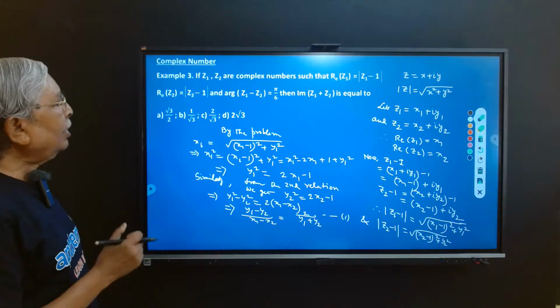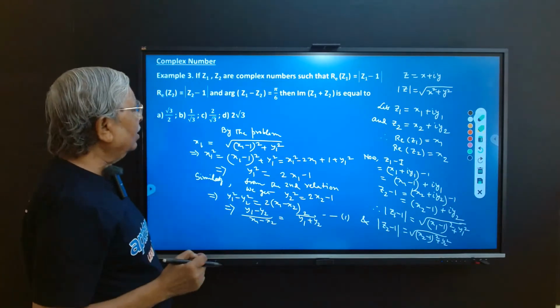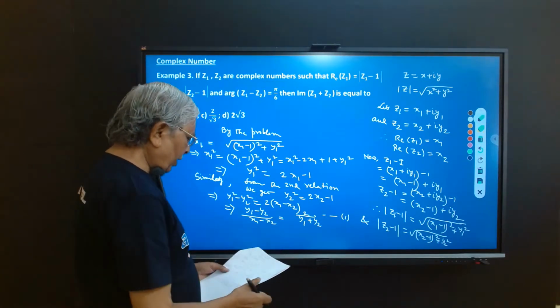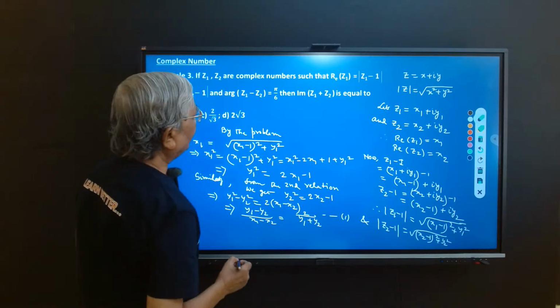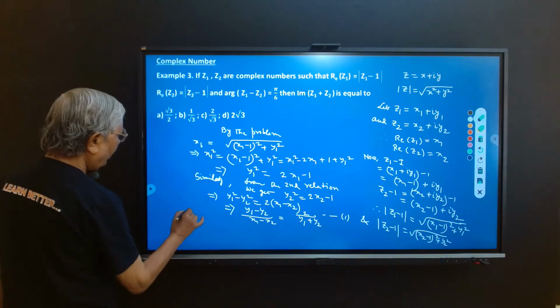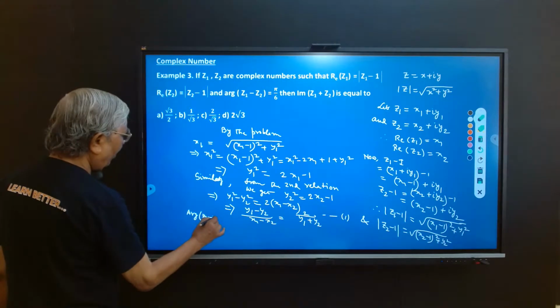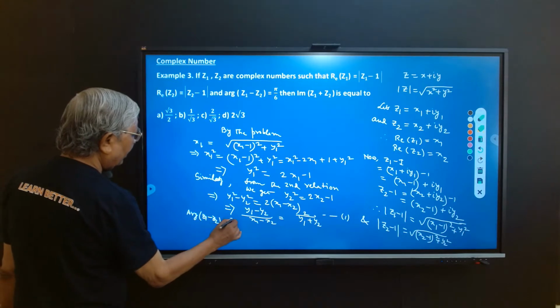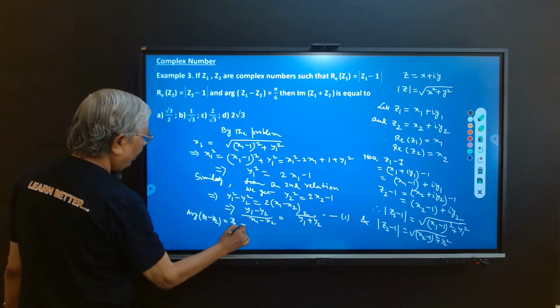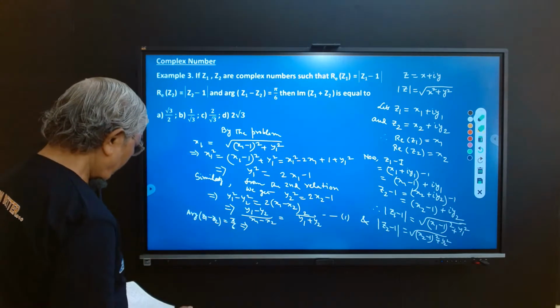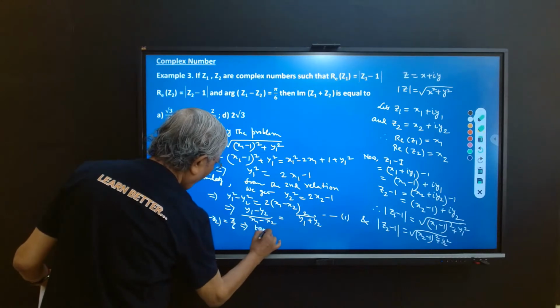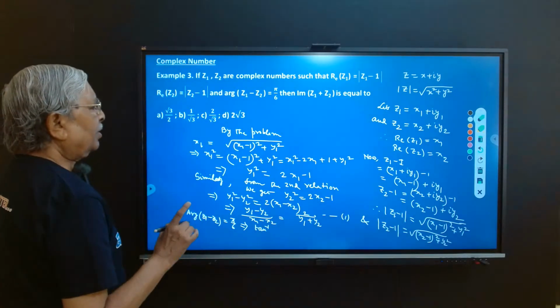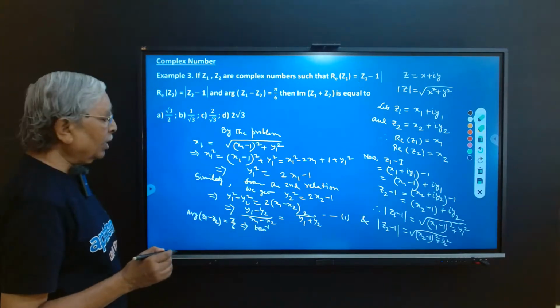Next, argument of z1 minus z2 is equal to pi by 6. Argument means amplitude, taking tan inverse y by x.